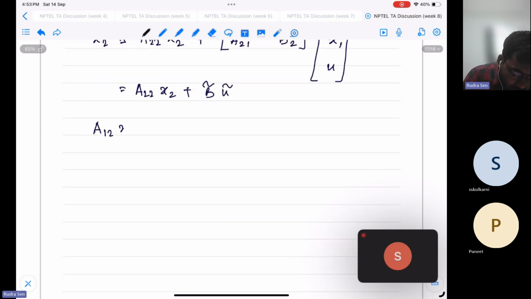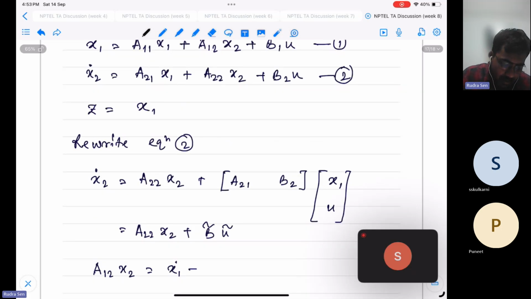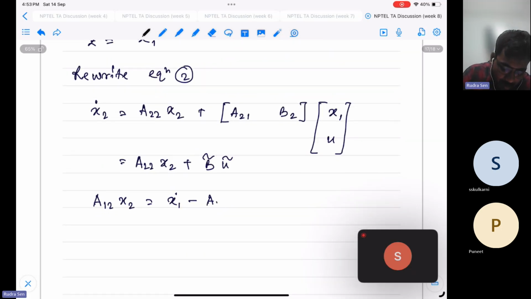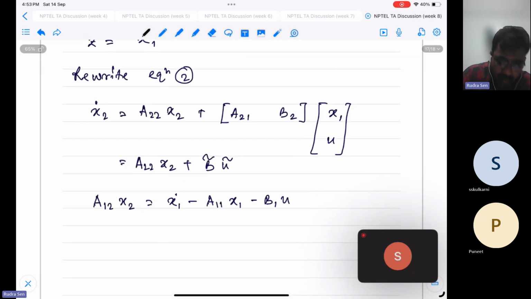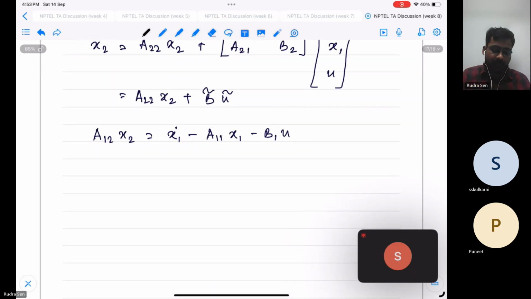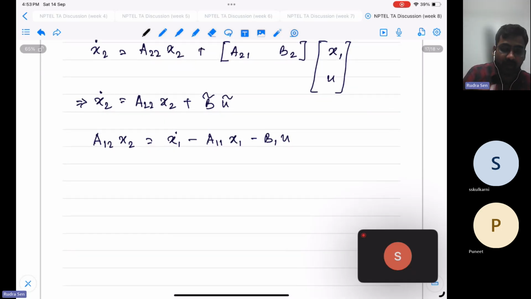A12 x2 is basically x1 dot minus A11 x1 minus B1 u. So we have collected all the things. We need to design x2, we need to estimate x2.